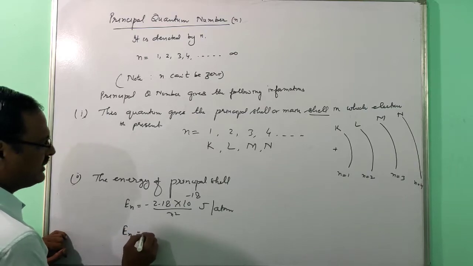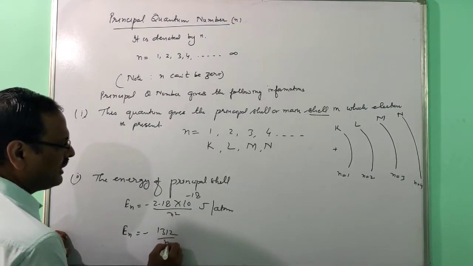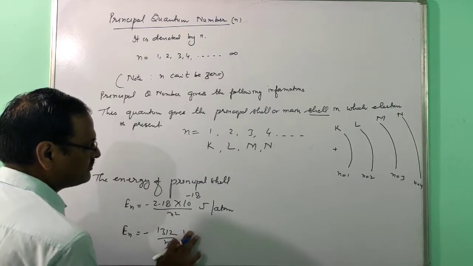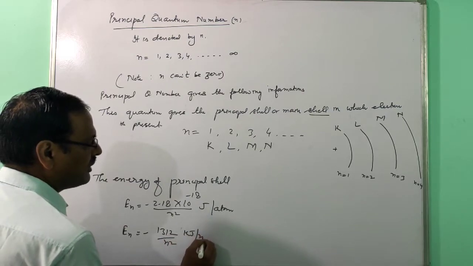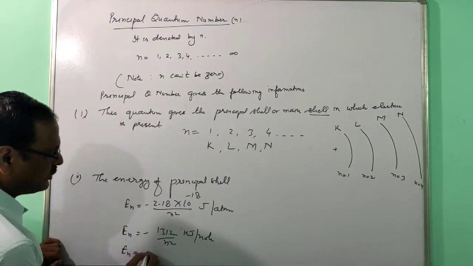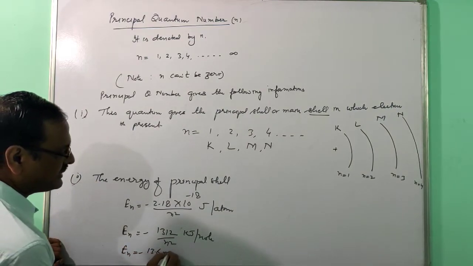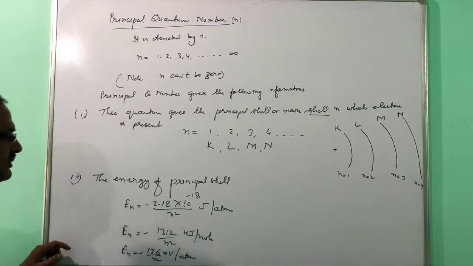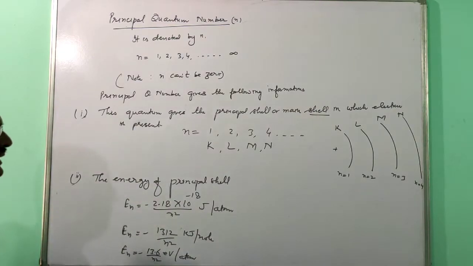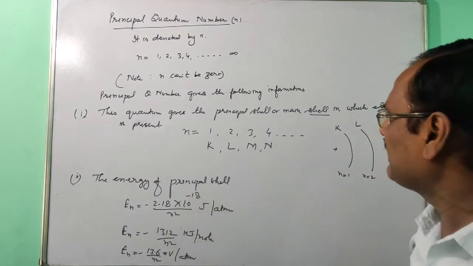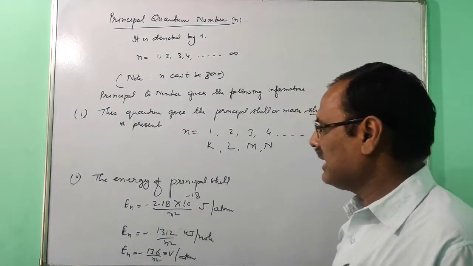Then En is equal to minus 1312 upon n square kilojoule per mole, and then En is equal to minus 13.6 upon n square electron volt per atom. All these expressions you have studied.